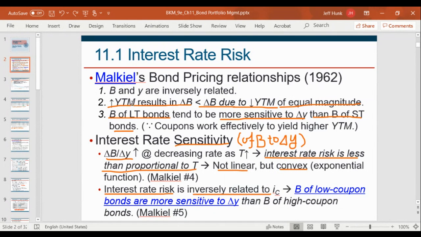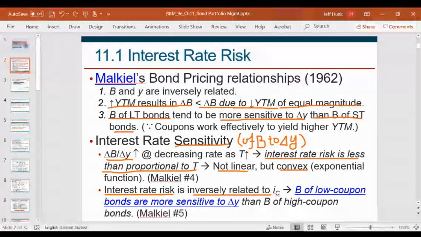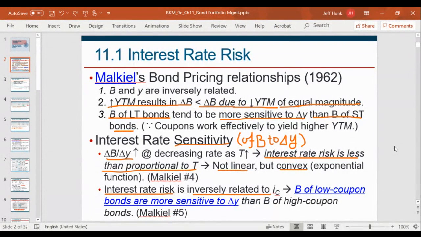with regard to the fluctuation in interest rate. And an economist named Burton Malkiel, a Canadian economist, I believe, came up with Malkiel's theorem in 1962, which is basically a summary list of 5 relationships between the bond price and interest rate.